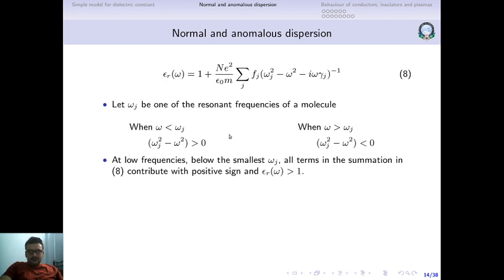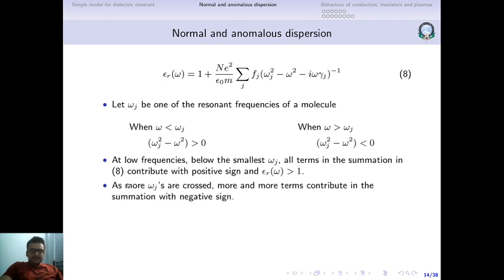Now at low frequency, below the smallest omega j, so when the applied frequency is less than the smallest, because in the molecule we'll have many different omega j's, many different characteristic frequencies. So below the smallest omega j, all the terms in the summation will contribute with a positive sign, and this epsilon r is going to be positive.